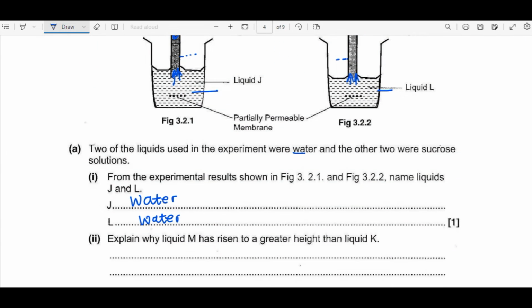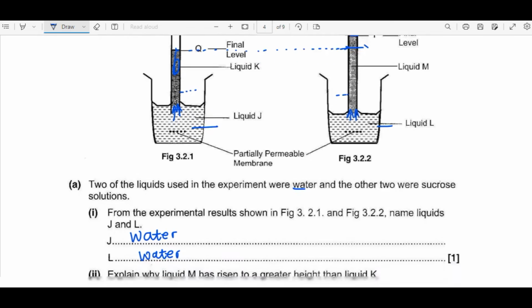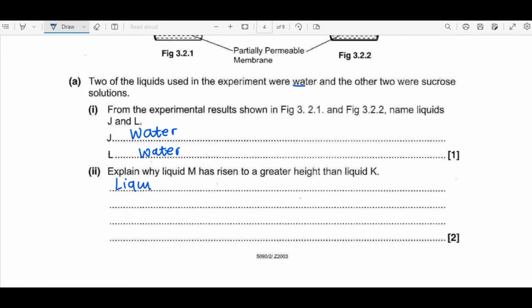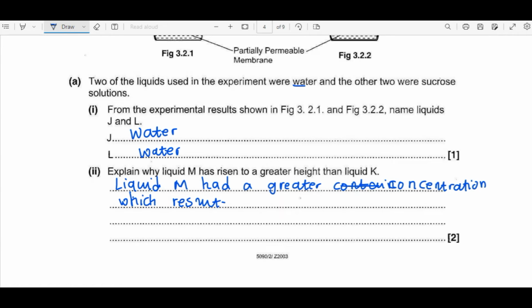So we can say that liquid M had a greater concentration, which resulted in a greater movement of water molecules.